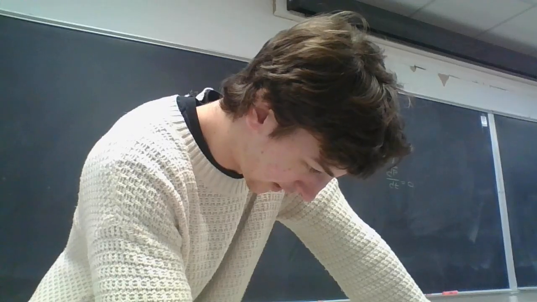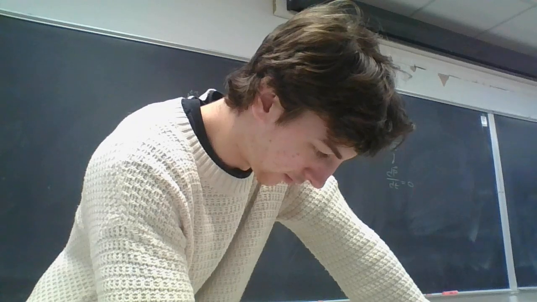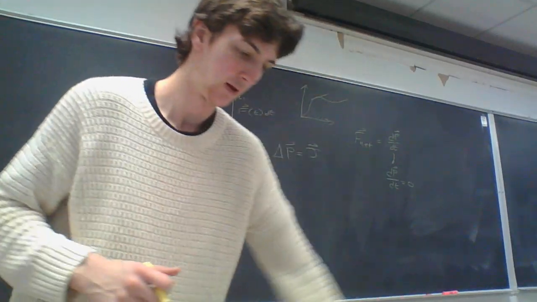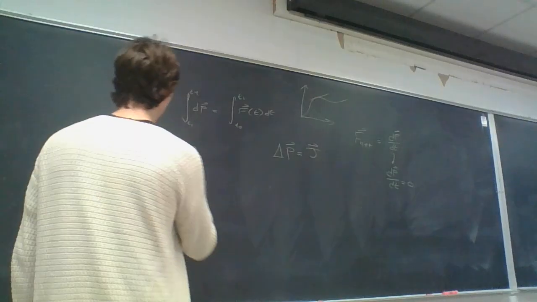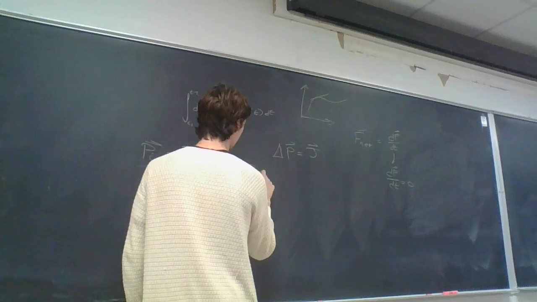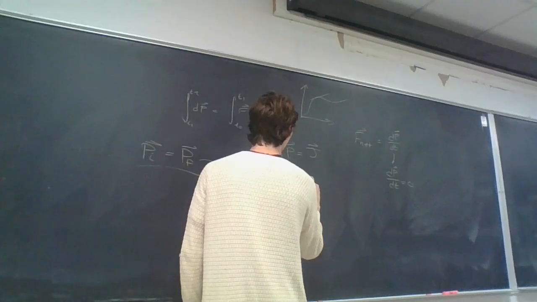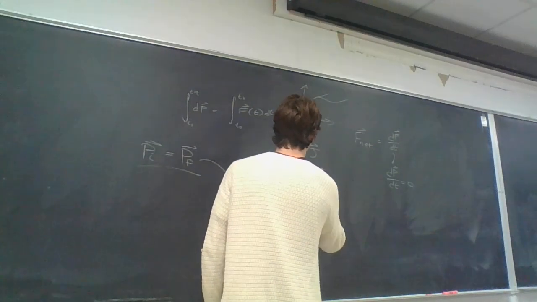So the idea is you have two bodies that are going to have a collision in one dimension, and we're going to be in a closed and isolated system, and we can write out the law for conservation of linear momentum, which is that you would just expand this basically and say that P1 initial plus P2 initial equals P1 final plus P2 final.